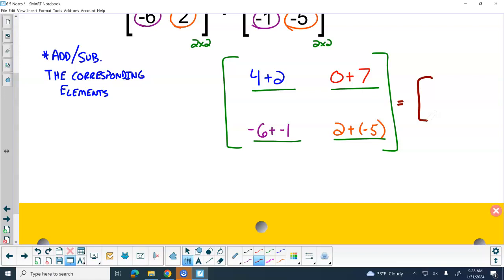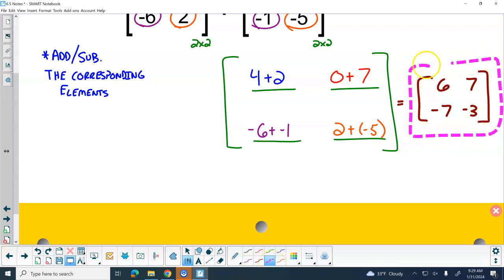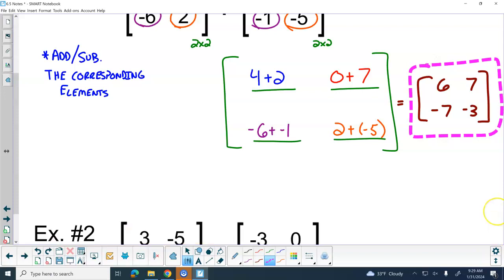So this matrix would be the 2 by 2 matrix 6, 7, negative 7, negative 3. And we put brackets around it. We add or subtract the corresponding elements.